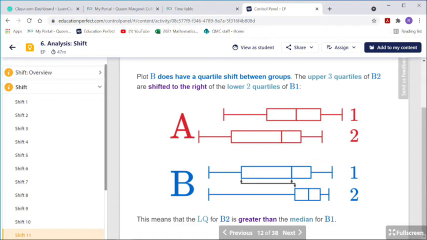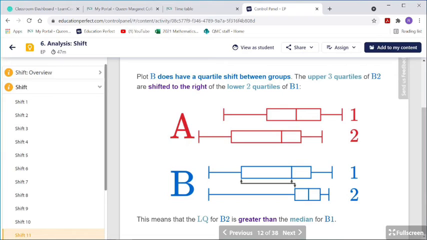Do you see that this lower quartile is above the median of this one? Yes? That means there's a quartile shift here. Here, the bottom of this is not above the median. So does the lower quartile have to be bigger than the median? Yes. Or one of the medians has to be bigger than one of the quartile measures.